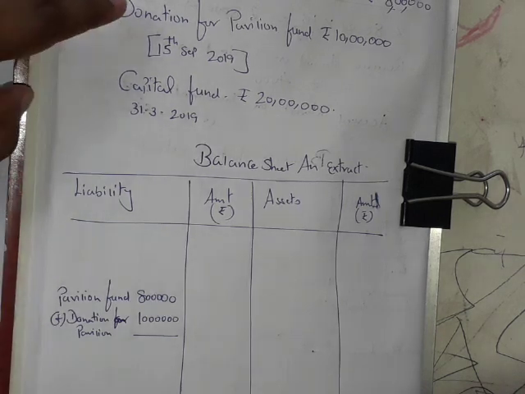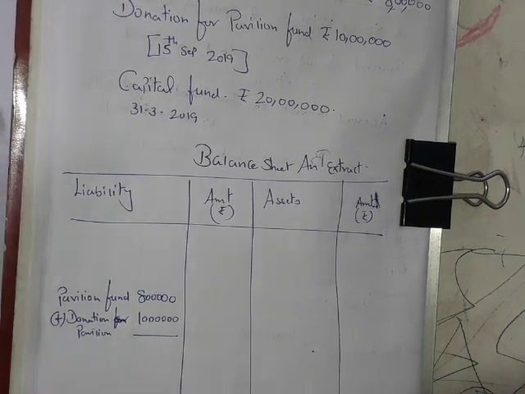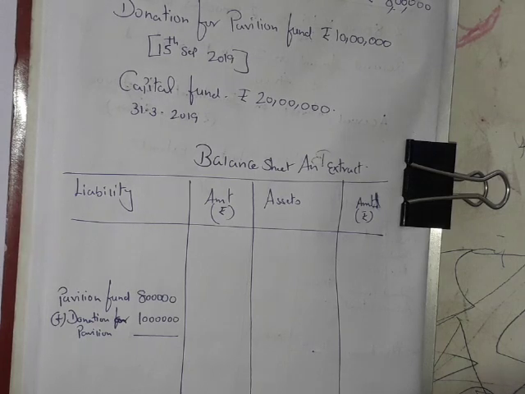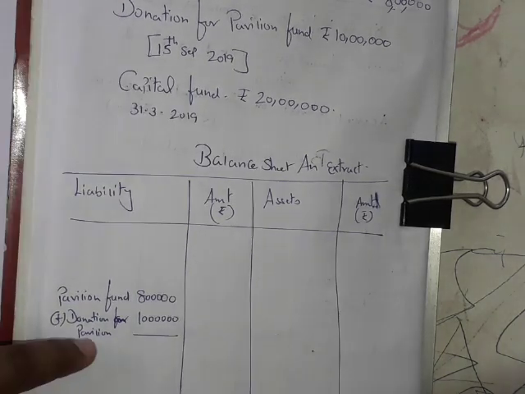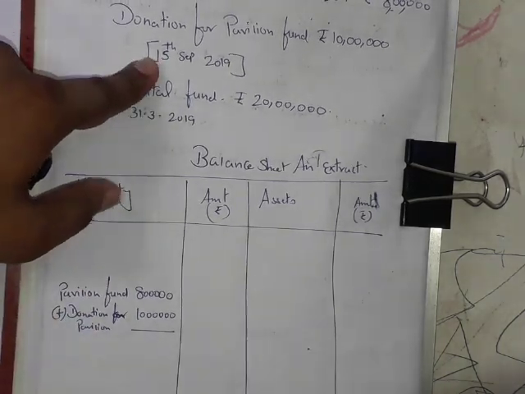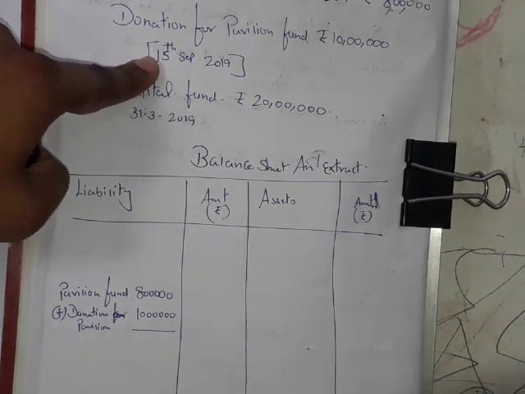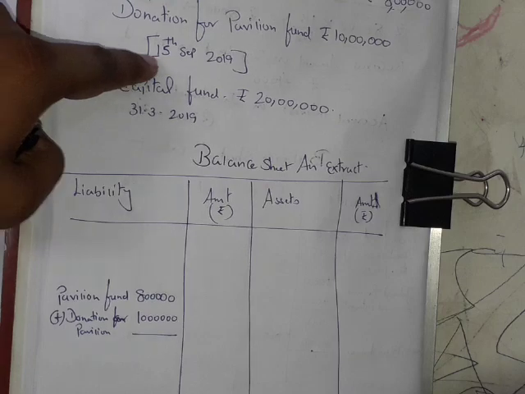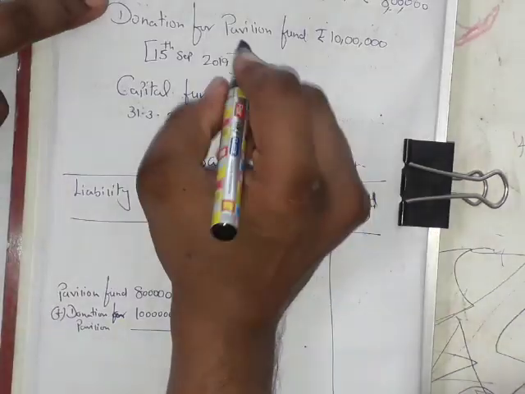So you're bringing this amount of 8 lakhs to your balance sheet, the opening balance in your pavilion fund as rupees 8 lakh, and the donation you received for the pavilion fund on 15th of September 2019. So September 2019 falls in which period?